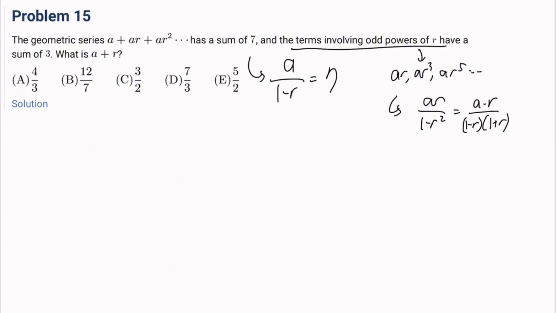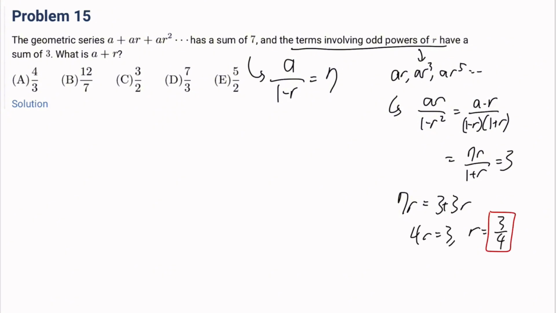And since we know this value, that's this one, which is 7, we can just say that this is 7 times r over 1 plus r, right? So that's 7r over 1 plus r, and this is equal to 3. This is 3, right? So 7r equals 3 plus 3r, so 4r equals 3, r equals 3 over 4, right? So r equals 3 over 4, and by this one we can get a.